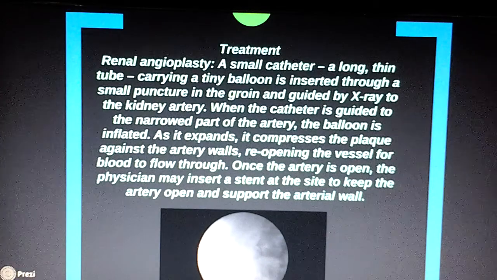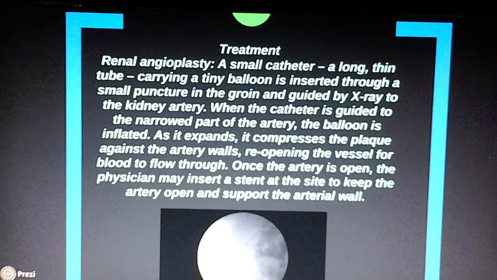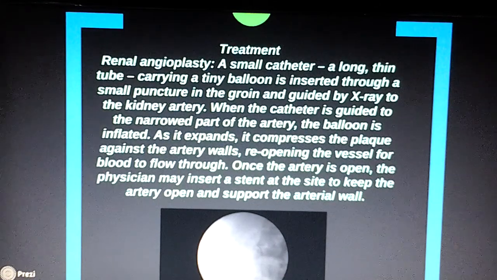Treatment. In renal angioplasty, a small catheter, a long tube carrying a thin balloon, is inserted through a small puncture in the groin and guided by X-ray to the kidney artery. When the catheter is guided to the narrowed part of the artery, the balloon is inflated.